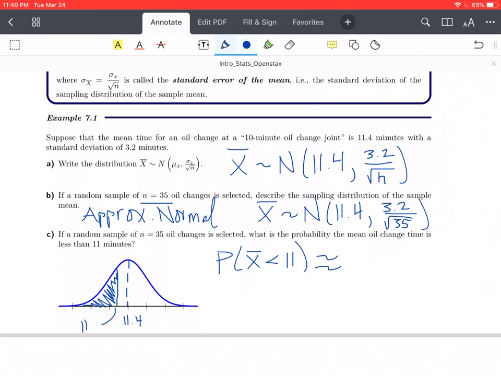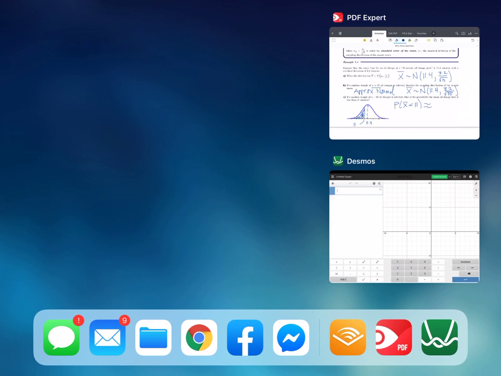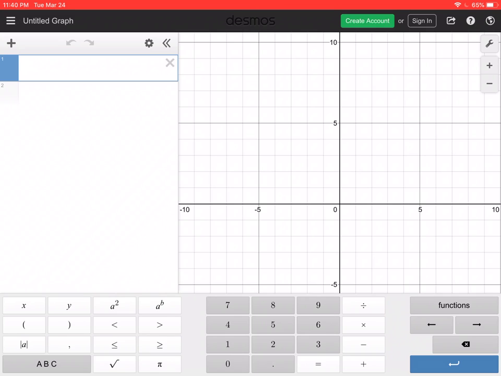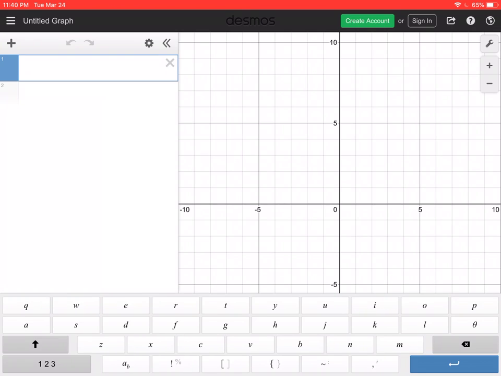Now, in order to find this, we're going to be utilizing Desmos, just like we did in the previous sections. So let's go ahead and switch over to Desmos. Now we need to input the information for this normal curve. So we'll do normal distribution. You can also just find it in the function list.